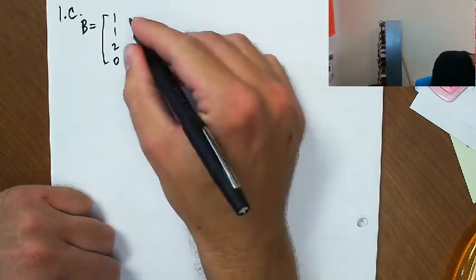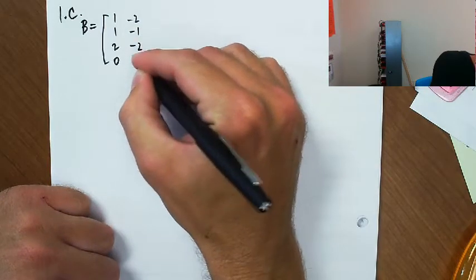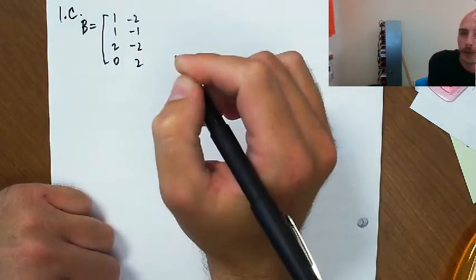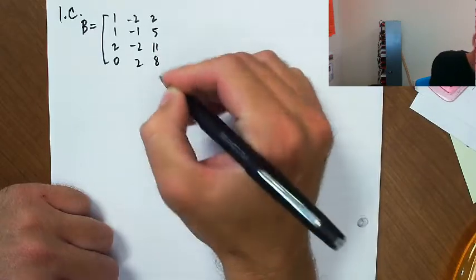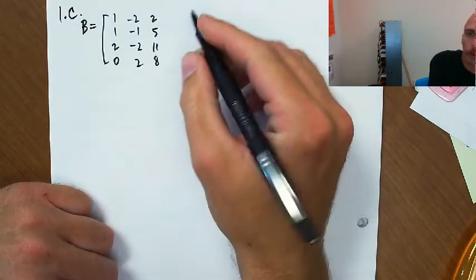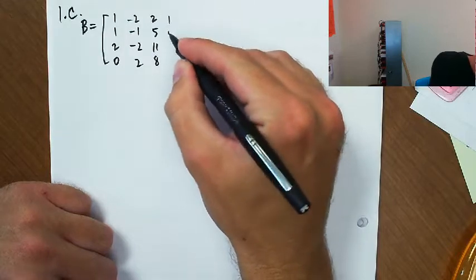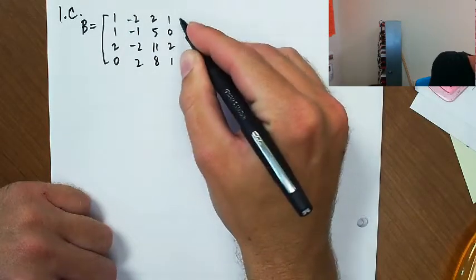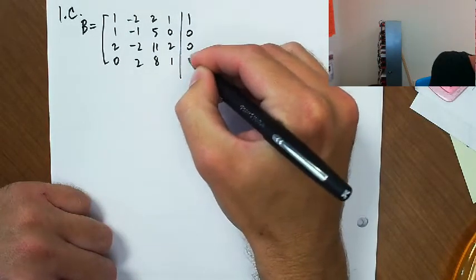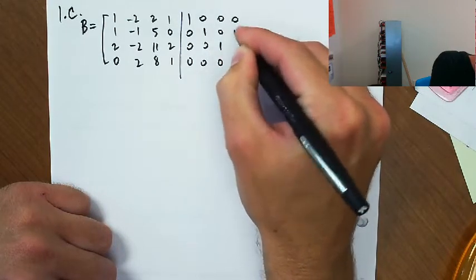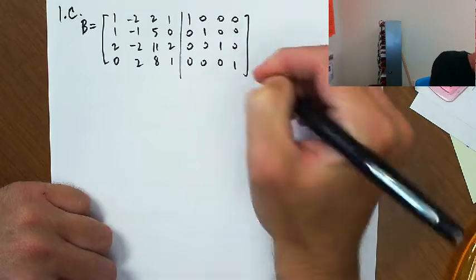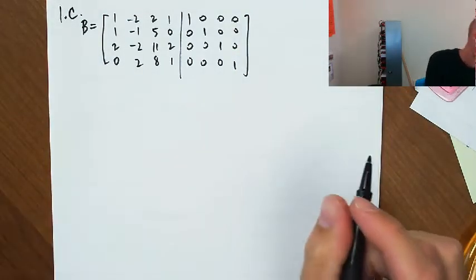Negative 2, negative 1, negative 2, and 2. 2, 5, 11, 8. 1, 0, 2, 1. Okay, augment with the identity, and then we will row reduce.